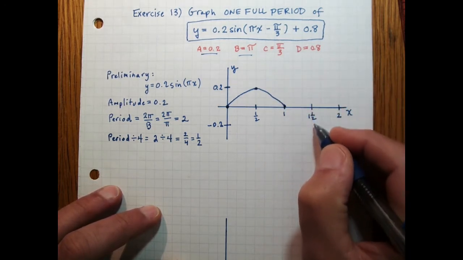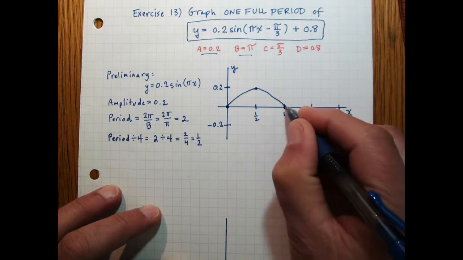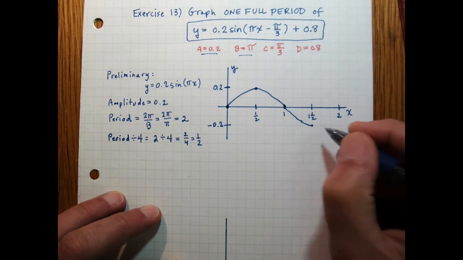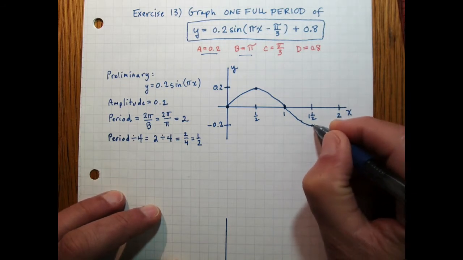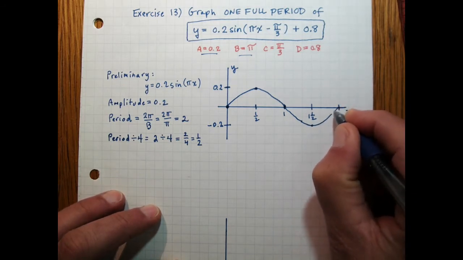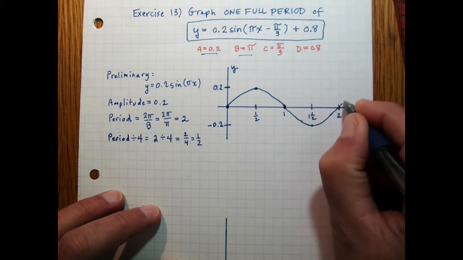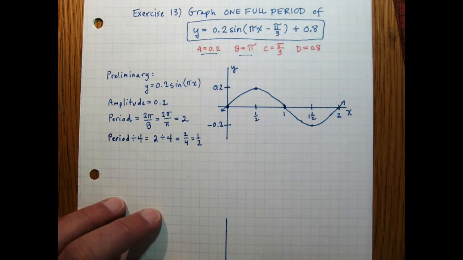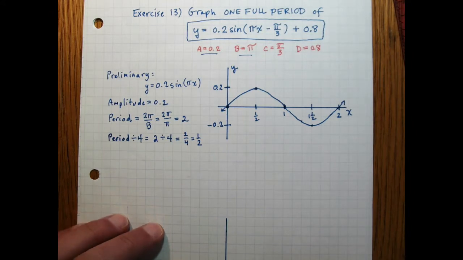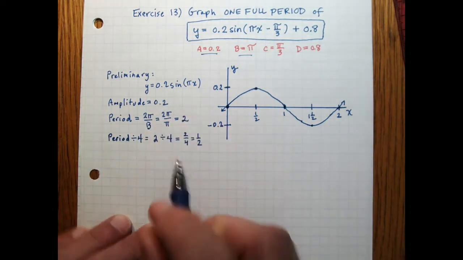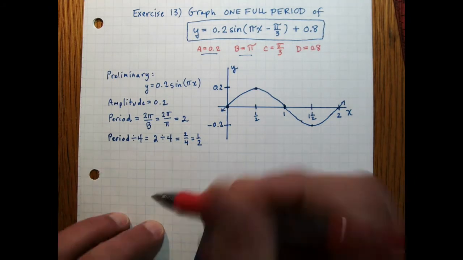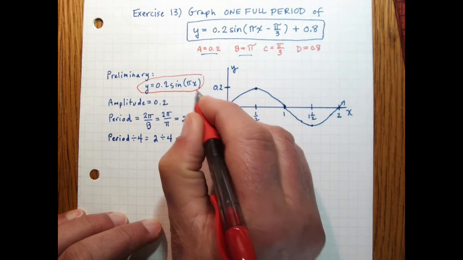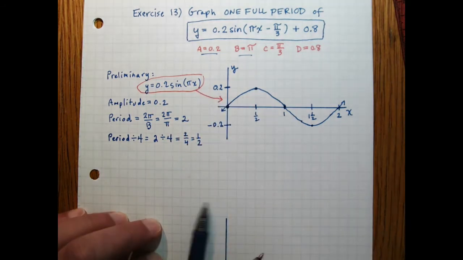And then at 1.5, we dip below to our min point, which is negative 0.2. And then we rise back up to 0 at 2. And there's one period of the preliminary graph. So that's a picture of y equals 0.2 sine of pi x.